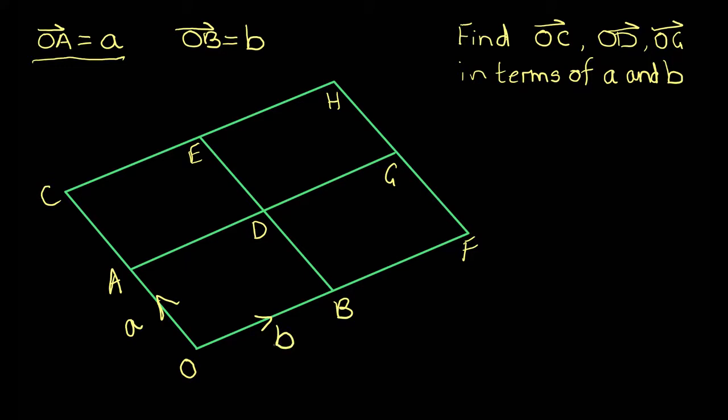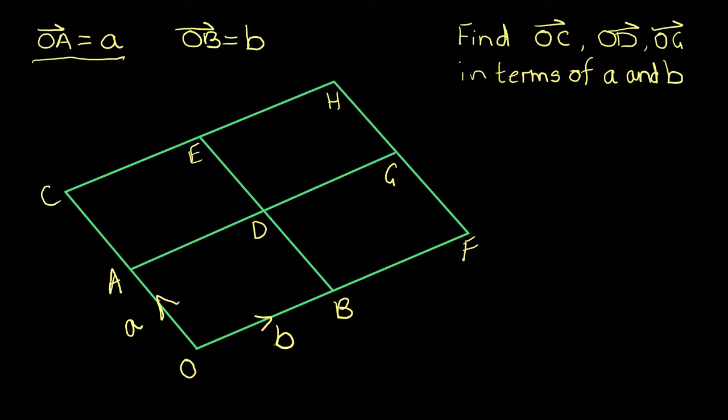What the question asks us is to find out other vectors on this diagram using just those two that we've got to start with. So the first one that they want us to do is OC. So what we've got to do is link the vector OC to the vectors that we've been given, OA and OB.